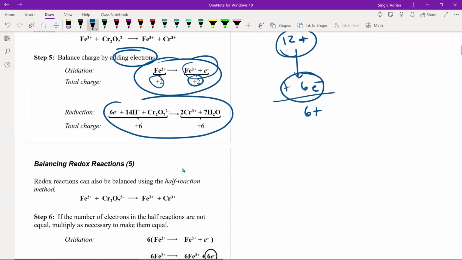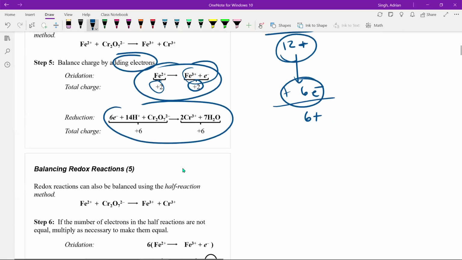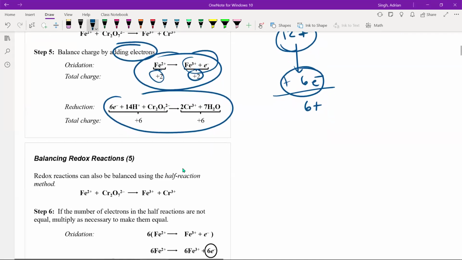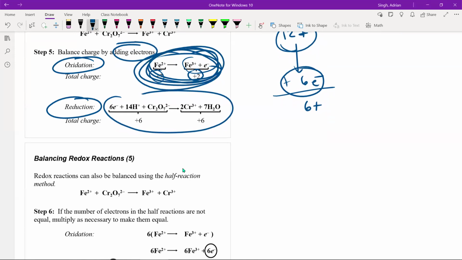Once we've added those electrons, what you will see now is that we have an imbalance of electrons. So now we need to make sure that the electrons are the same in the oxidation half reaction and the reduction half reaction. Here I have just 1 electron. Here I have 6 electrons. So in order to make the electrons equal in the oxidation and reduction, I need to multiply this entire equation by 6.